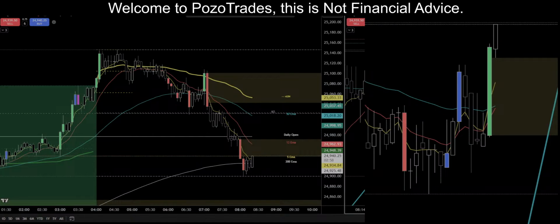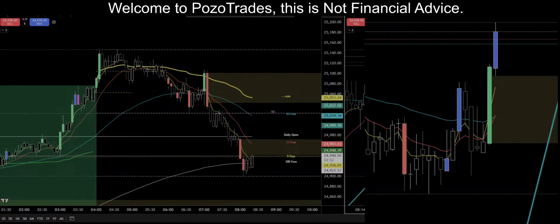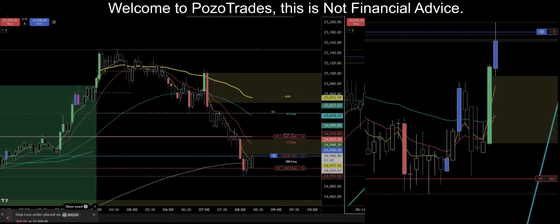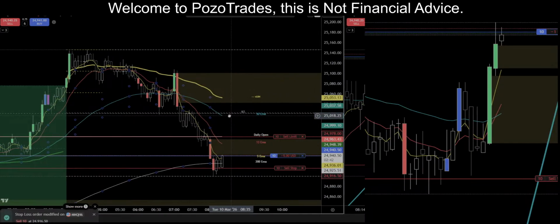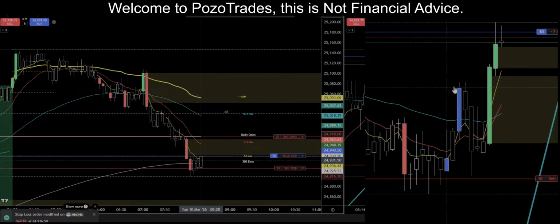I think I want to buy this here. Kind of late on this leg. I want to see them come back up to the daily open. That actually lines up pretty cleanly.